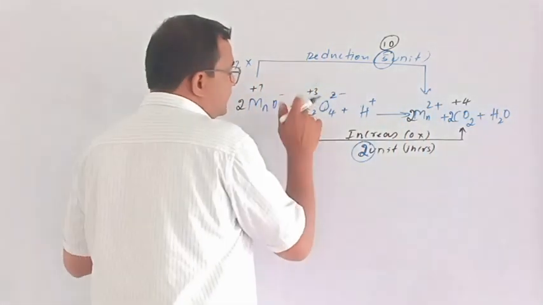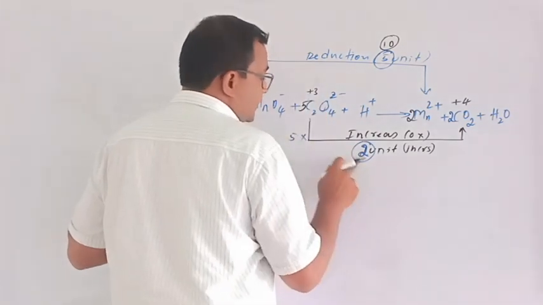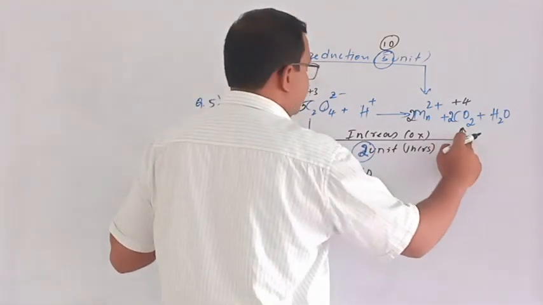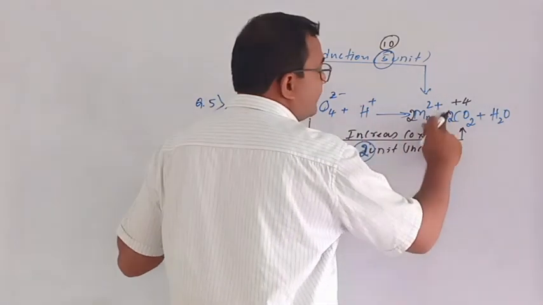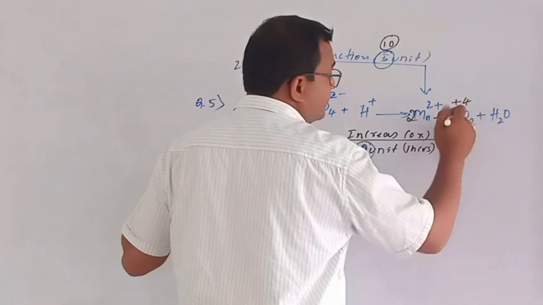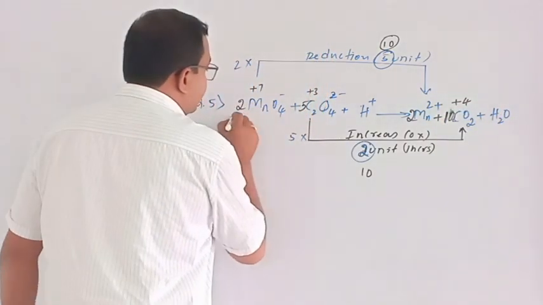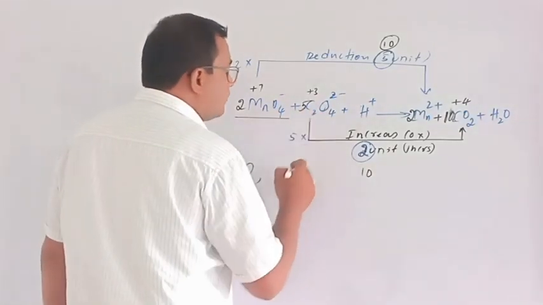Then this 5 into this. Then finally this becomes 10. 5 2s are 10. Then this also becomes now 2 into 5. This is also changed to 10. This is also changed to 10. Now it comes, this is MnO4, C2O4, 5.